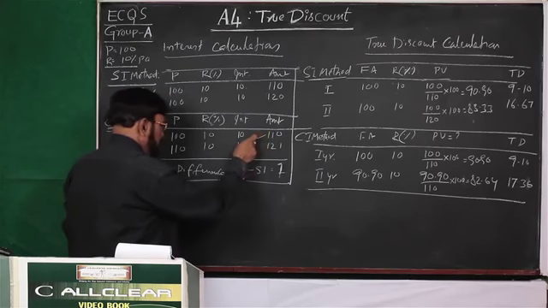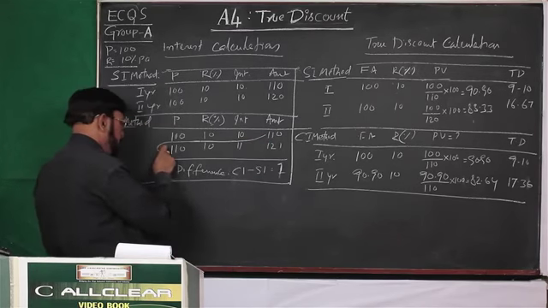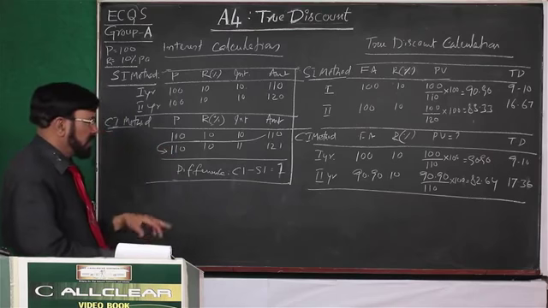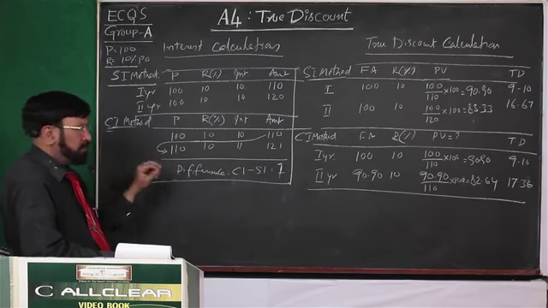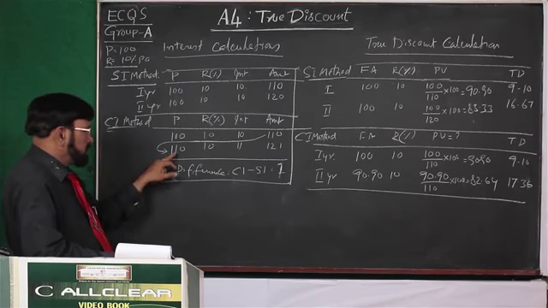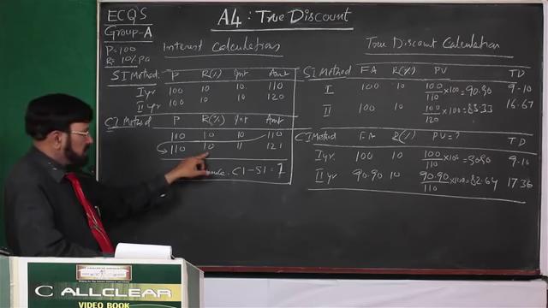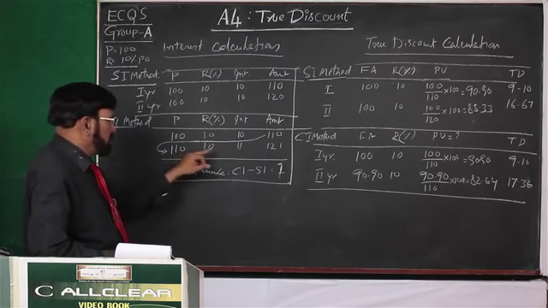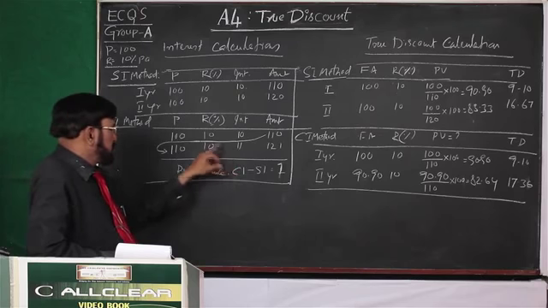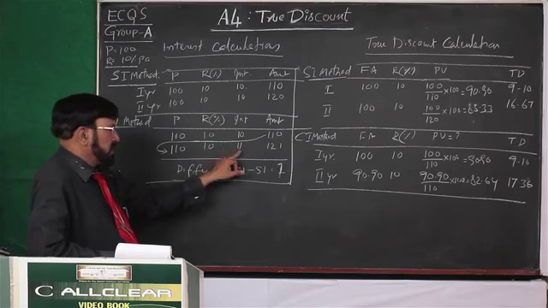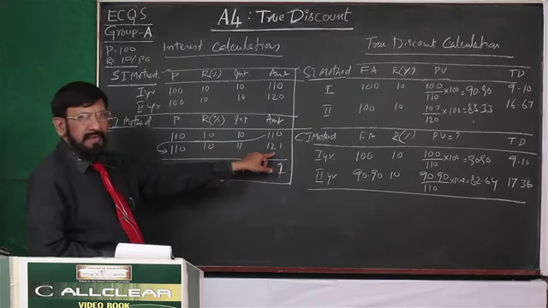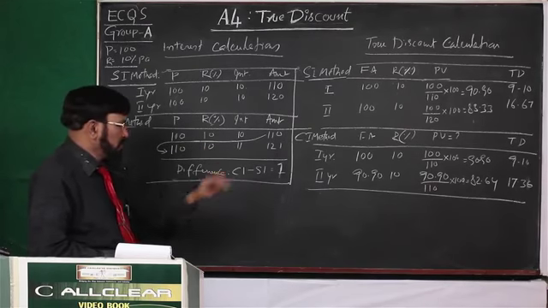This 110 rupees, the amount at the end of the first year, will be the principal for the second year. On 110 rupees as principal, rate of interest 10%, interest is obviously 11 rupees, and 110 plus 11, 121 is the amount at the end of 2 years.